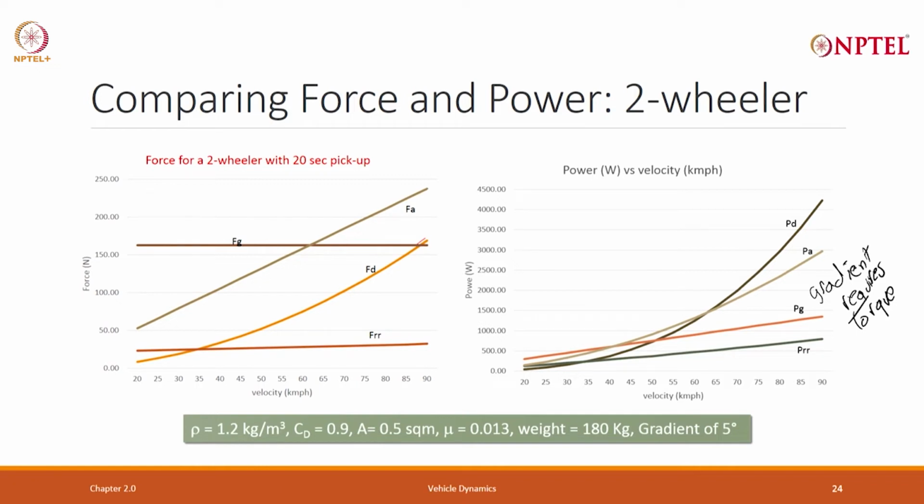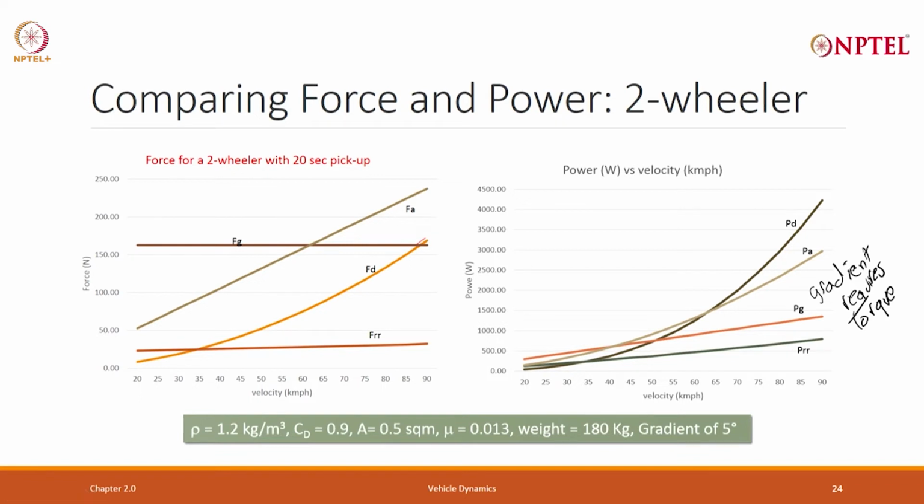And look at the main culprit at high velocity, the drag. Drag anyway had a velocity square component. Now, in power it has a velocity cube component. So, it is a cube curve, and if you look at anything above 75 or 80 kilometer, it can become very, very large.